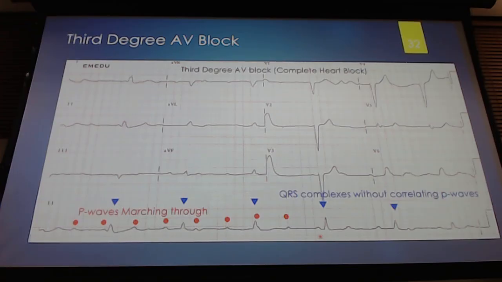And if I'm seeing stuff in between those QRS complexes, are those my P waves that are also marching out? So complete dissociation between the atria and the ventricles that are depolarizing. The atria are depolarizing, which gives our P waves. Ventricles are depolarizing, which is giving our QRS complexes, but those QRS complexes are going to be wide, and our rate is going to be very slow.